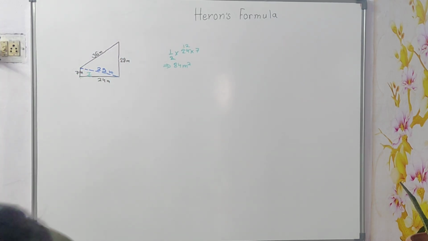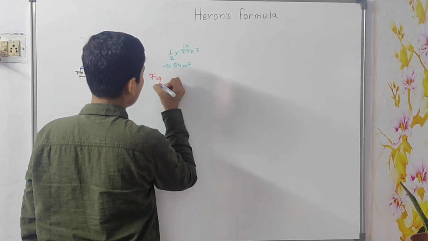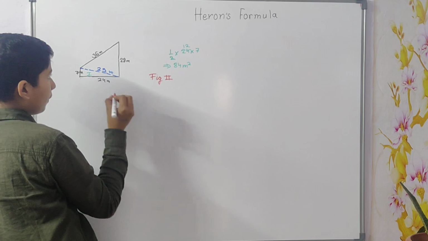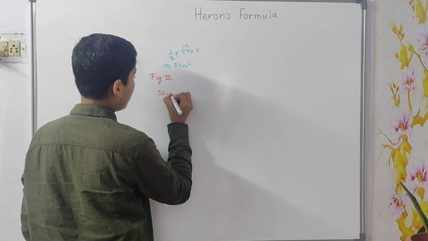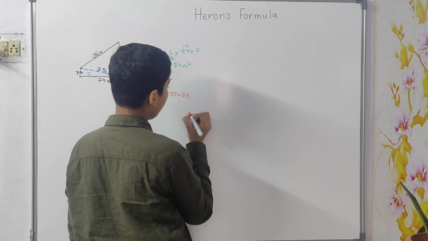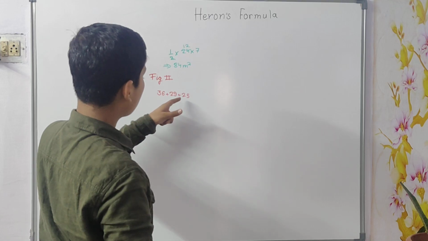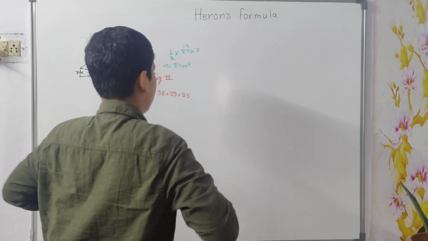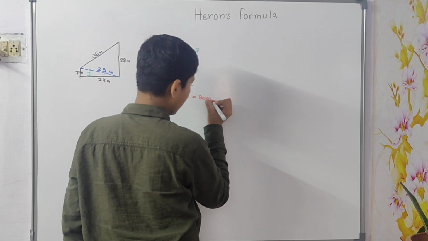Now for figure 2, it will be the same formula. 36 plus 29 plus 25, which will be 36, 46, 56, 66, 76, 86, 90. 90 meter.